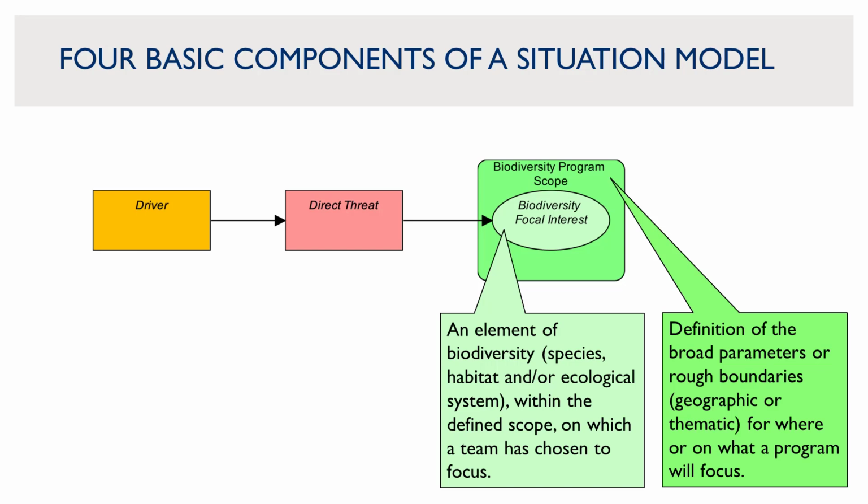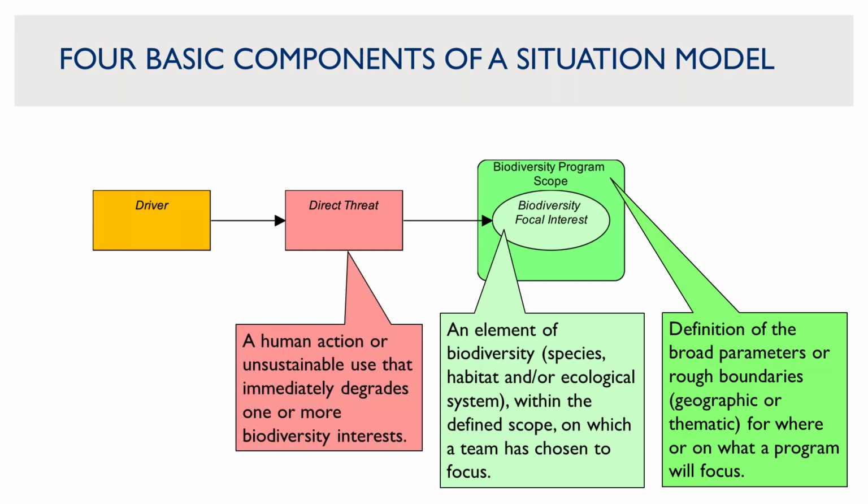Moving to the left, the pink box is a direct threat, which is a human action or unsustainable use that immediately degrades 1 or more biodiversity focal interests. Some examples include unsustainable logging, overfishing, and poorly planned mega infrastructure. Most situation models include multiple direct threats that often affect multiple biodiversity focal interests.